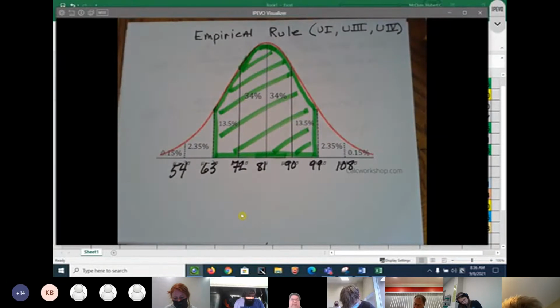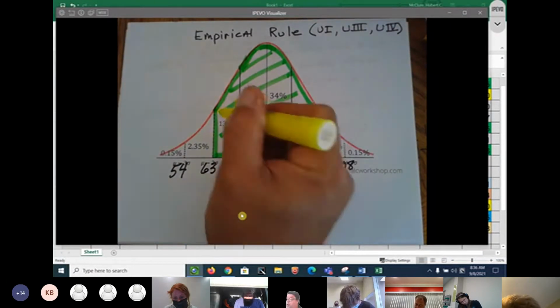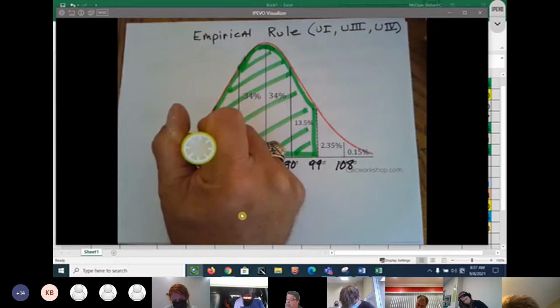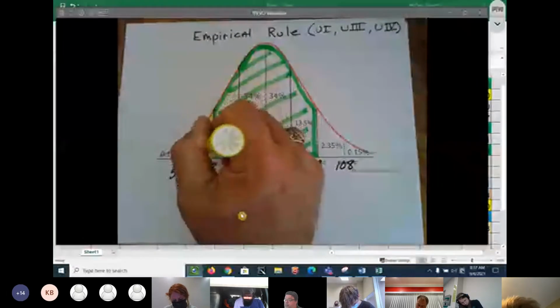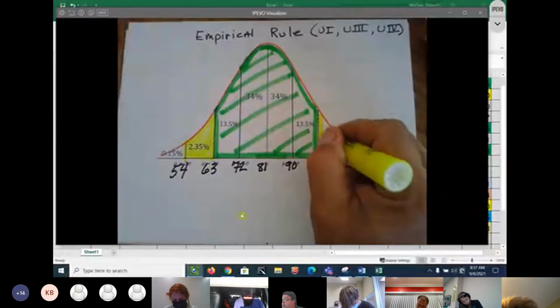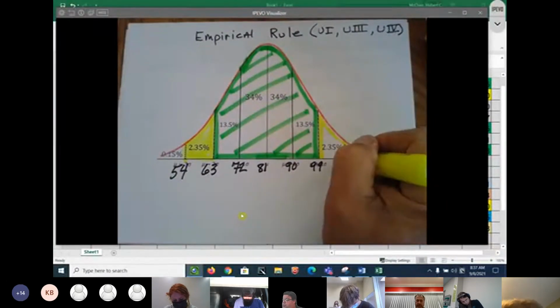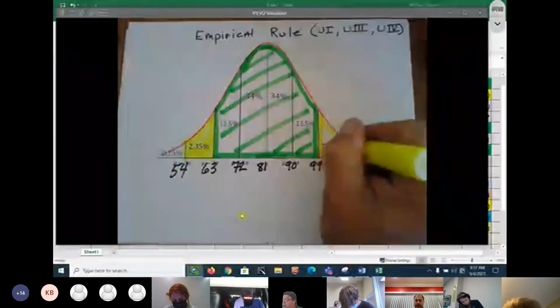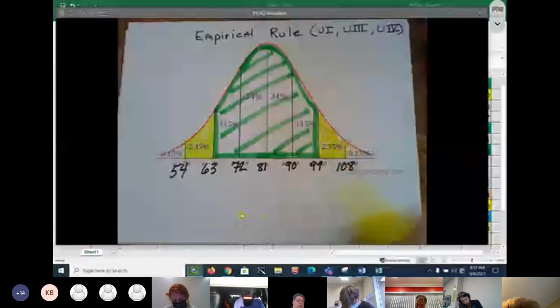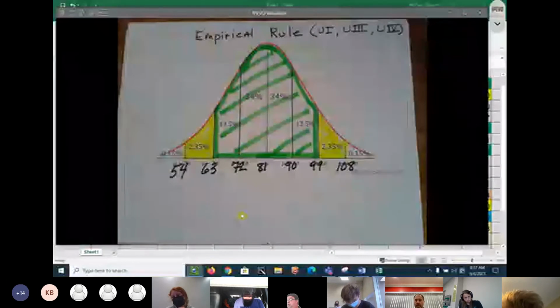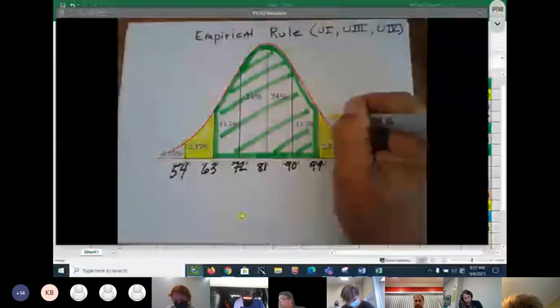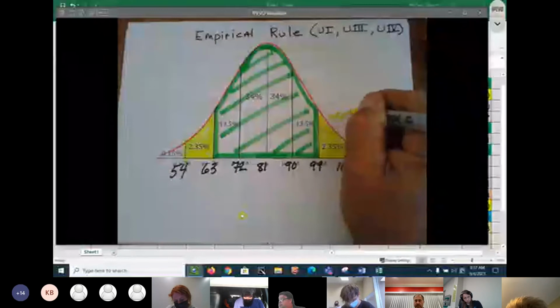Outside the 2 standard deviations, between the 2nd and the 3rd standard deviation, you're talking about, what's the opposite of normal? Unusual. Irregular.